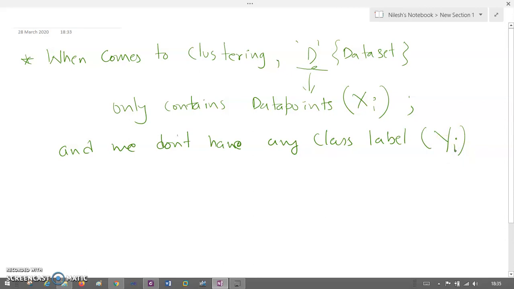So we have only data points x of i, and we don't have any class label y of i, right? This is unsupervised learning, or I can say clustering.